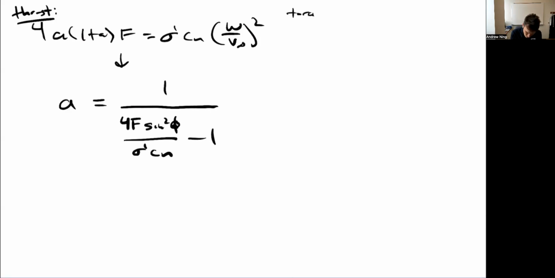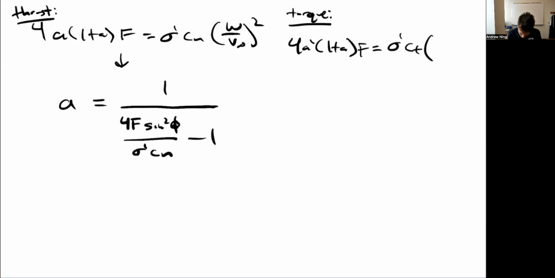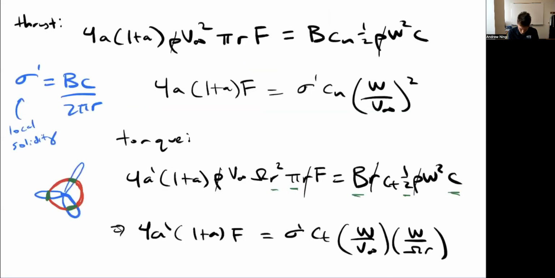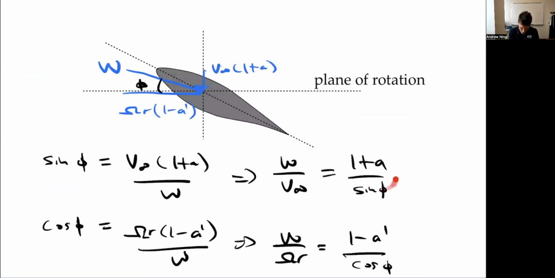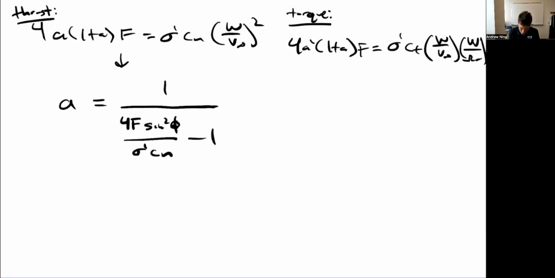Same idea with torque, right? I've got 4a prime 1 plus a f equals sigma prime ct, and I had w over omega r, right? And then I take one of these and I plug them in, and notice that the 1 plus a is going to cancel one of these.